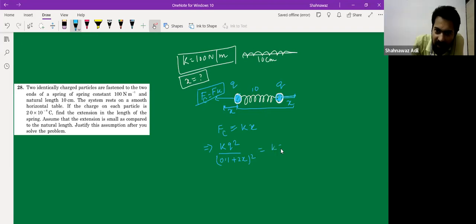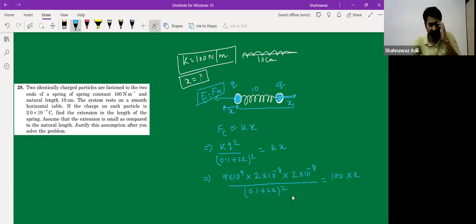This is kx. Here this K is different, it is 9 into 10 to the power 9. And q is 2 into 10 to the power minus 8, and 2 into 10 to the power minus 8, divided by 0.1 plus 2x whole square. And the spring constant k is 100, times x. Understood, guys?